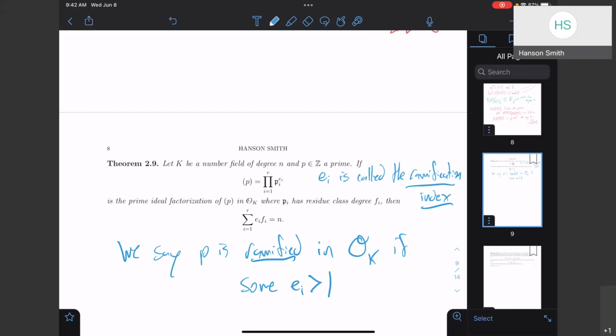But when you have a Galois extension, the Galois group permutes all the primes above P. And so each e_i and f_i are actually the same. So in that case, that puts some pretty solid restrictions on which permutations you can use, right? So in a Galois extension, certainly not everything can happen.